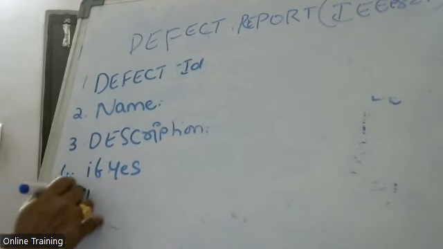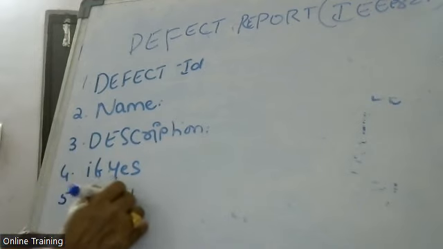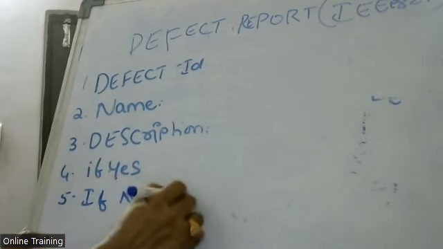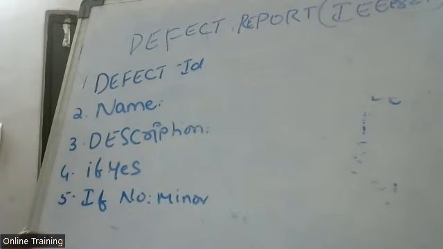If you don't find any issue, we send it as a minor issue, like a spelling mistake, wrong alignment, improper color, position or size of the window. That comes under minor issues.